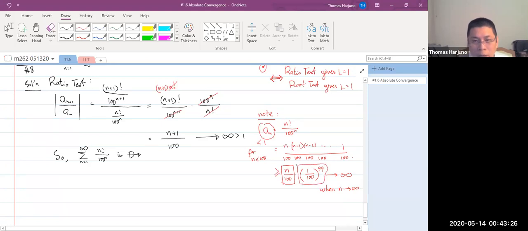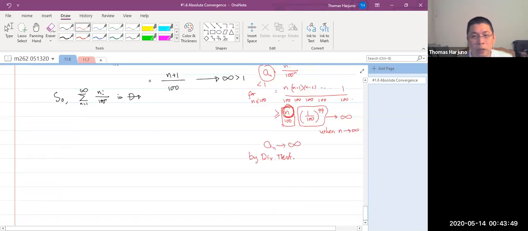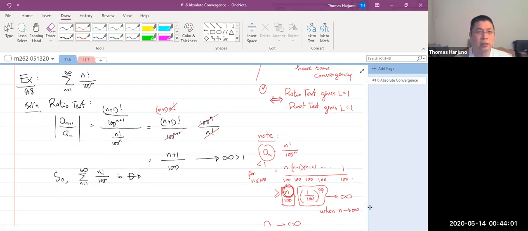It's very, very small, but fixed. Now this guy here will go to infinity. So because this a sub n goes to infinity, by the divergence test, to be more precise, not divergence theorem, the series is divergent.